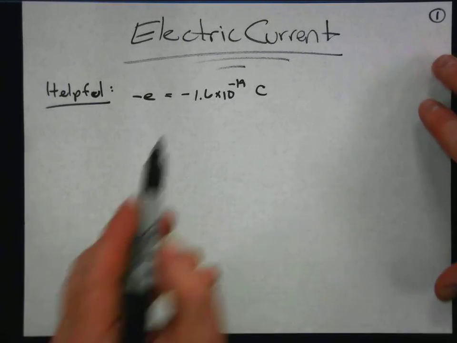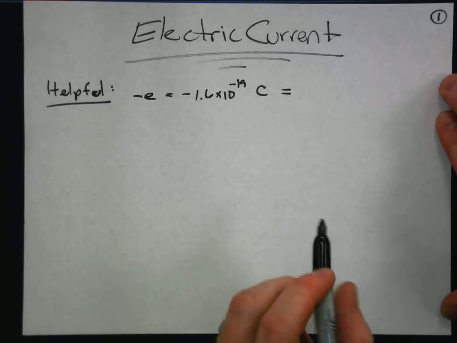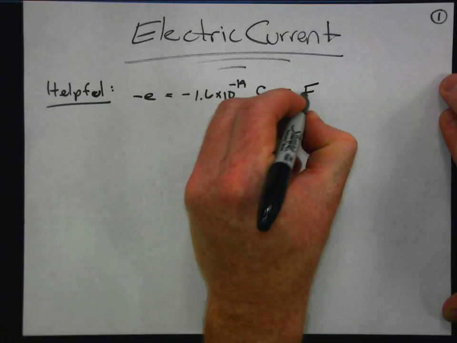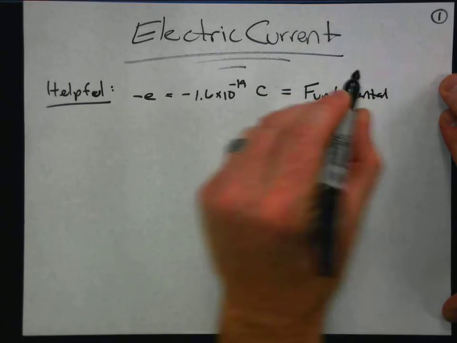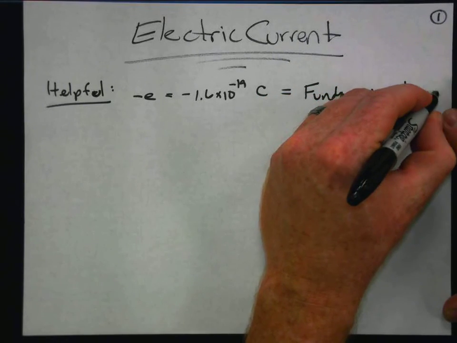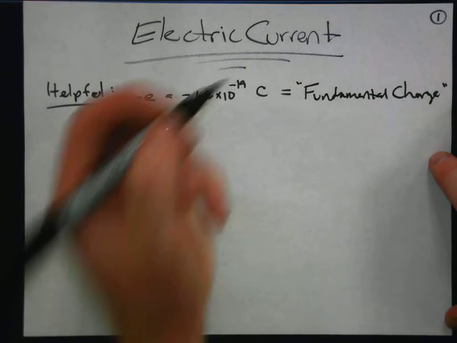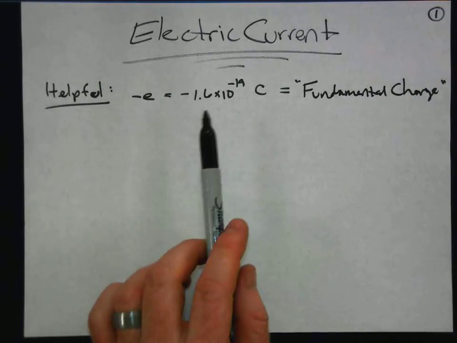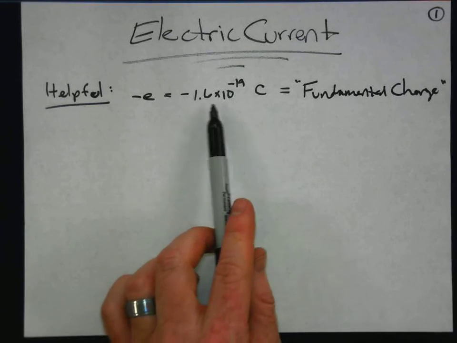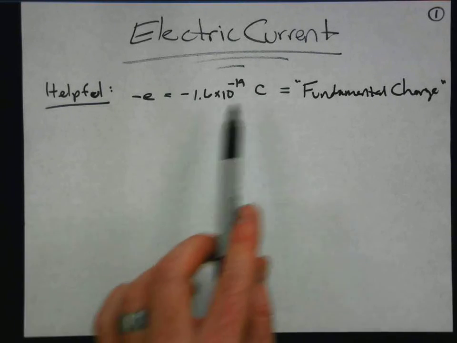So this is often called the fundamental charge, simply because it can't be any smaller. If something has a charge, it would be at least this big in terms of the number of coulombs.